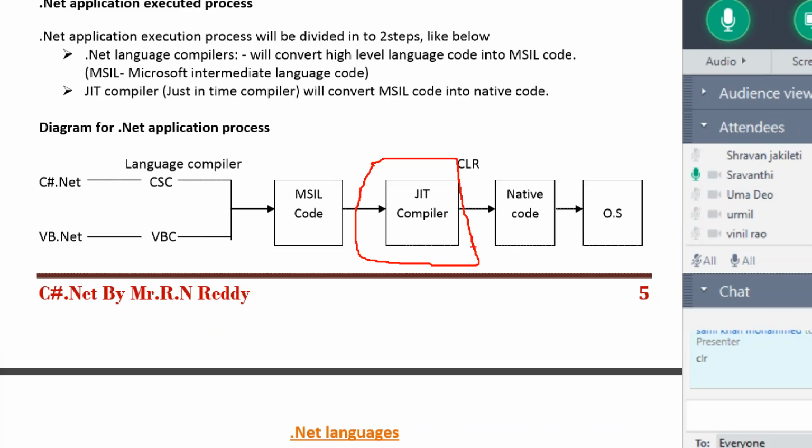Whenever you develop an application by using any .NET language, that application has to execute with the help of CLR. But CLR was designed by Microsoft to understand only MSIL code. MSIL stands for Microsoft Intermediate Language code. The CLR was designed and developed by Microsoft to understand MSIL code.